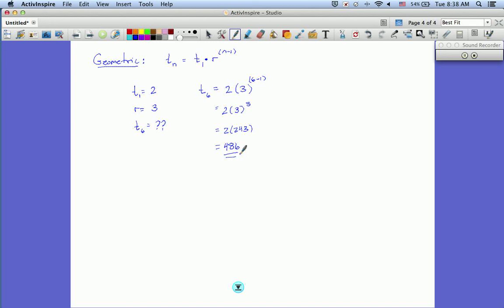Same rules apply. If you're given the third term, you need r cubed, 3 cubed to go with that. If you're given the fourth term, you need r squared. So you can apply the same principles we did in the arithmetic sequence. But again, these are the formulas dealing with t1, your starting point.